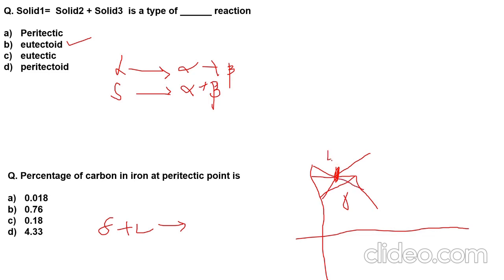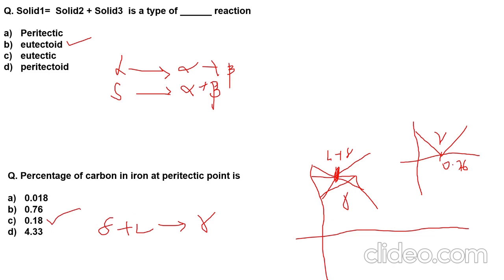So the liquid plus delta will give me the gamma, just as for the austenite phase. You know that for the austenite phase the maximum solubility that it can achieve is at 0.76. This is something we all know, that is gamma. This is your 0.76 percentage of carbon. For the delta phase, it is actually at a point of 0.18.